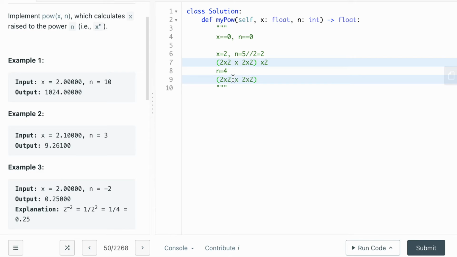So you can see the conclusion already: if n is an even case, you just multiply x by x, and how many times you do it is n divided by 2. And if 5 is an odd number, all you need to do is use one extra x multiplied by the even result, and then you will be able to calculate the result.